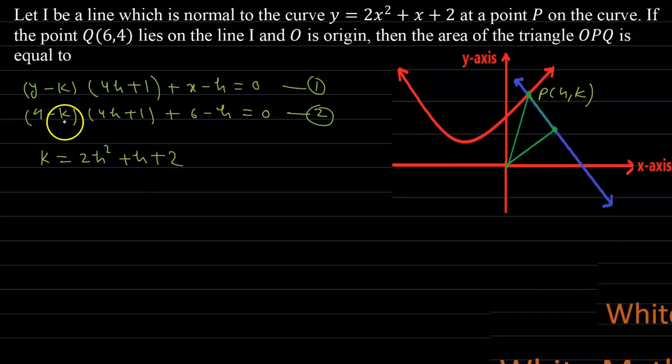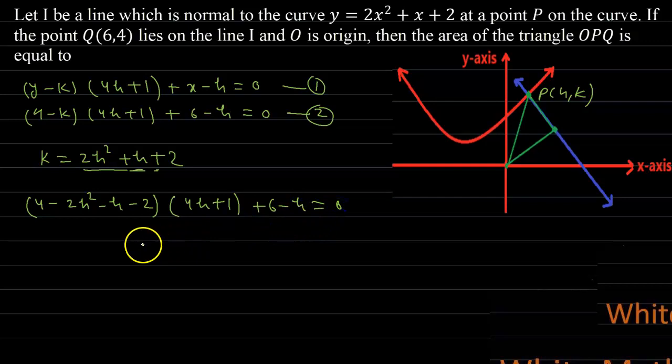So in place of k in this equation second, put this expression. Then equation second will become (4 - 2h² - h - 2)(4h + 1) + 6 - h = 0 as it is.